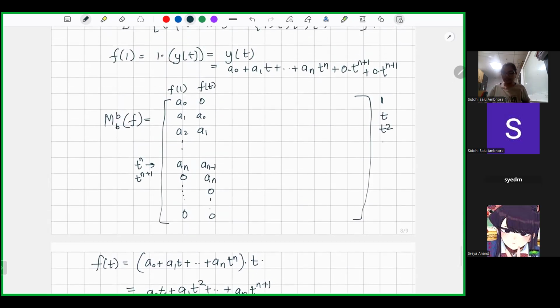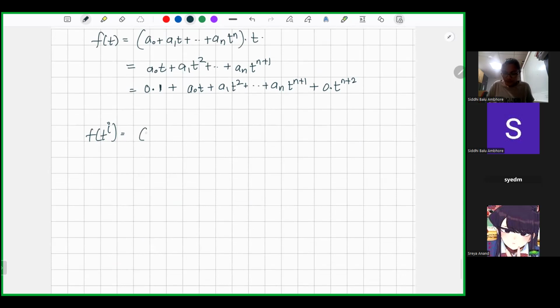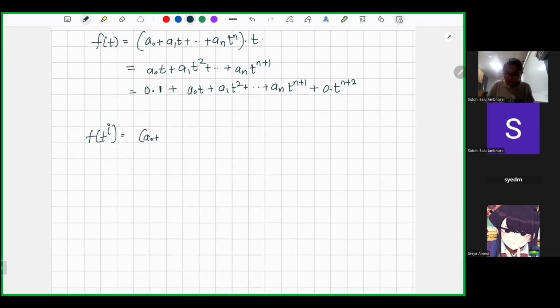So you can now see that for any t power n, f of t power I, let me write, it will be a naught plus a1t plus a n t power n times t power I, and it just adds t power I to it. So this is a naught t power I plus a1 t power I plus 1 plus a n t power I plus n, and so on.